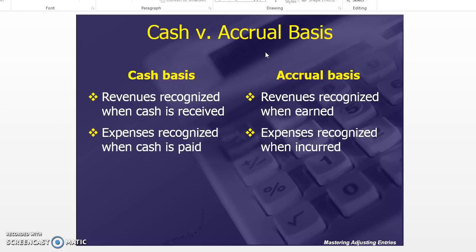Now, the timing might be that these two would have the same results. Maybe you paid your bills when you incurred your expenses, and maybe your customers paid you as soon as you provided the good or services. But in the real world, there's usually a timing difference. So let's follow up with an example.